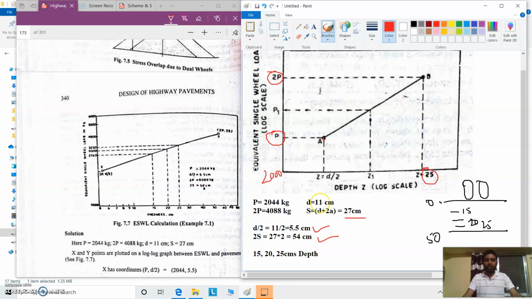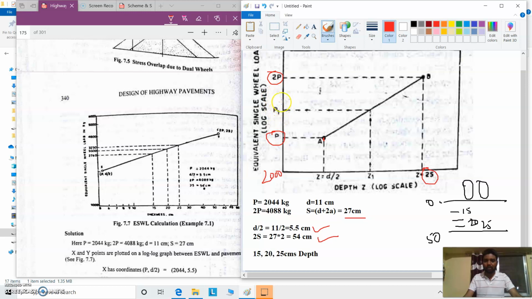In the semi-log graph we will have maximum divisions on the x-axis, and on the y-axis we will have load values limited to two values, and the difference is not large from P to 2P. That means 2044 kg to 4088 kg you can easily plot in this graph.